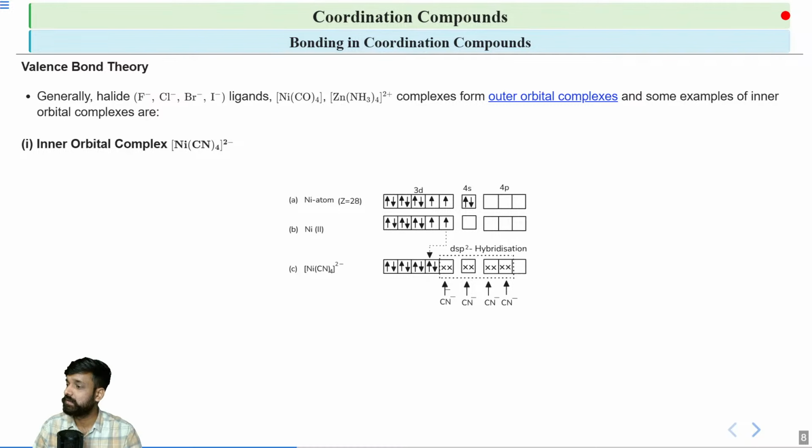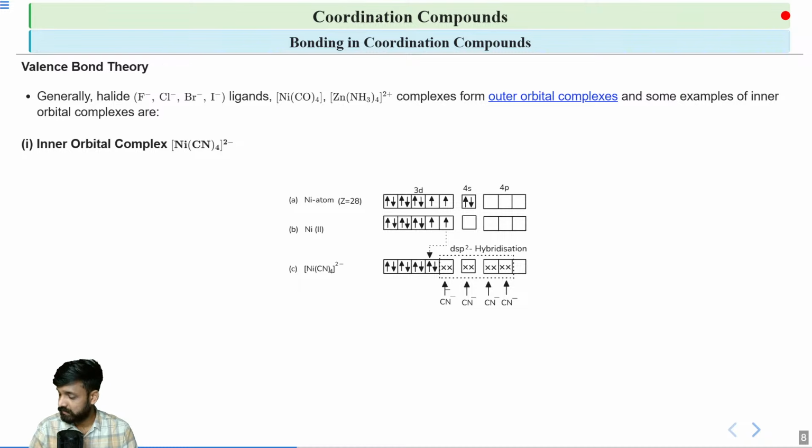Can you tell me? It's very easy, I guess. The formula is known to you. And also tell me what will be the magnetic moment of [Ni(CO)4]? Yes, it will be 0.